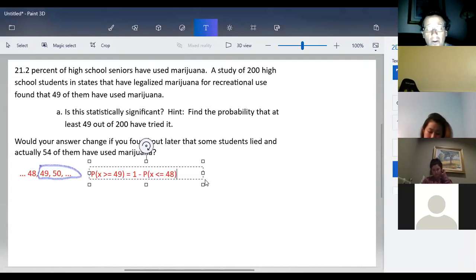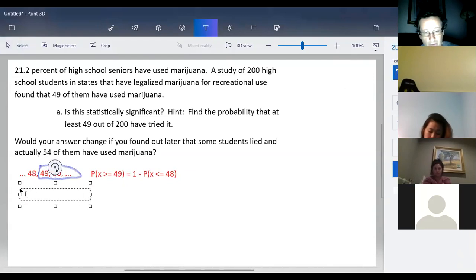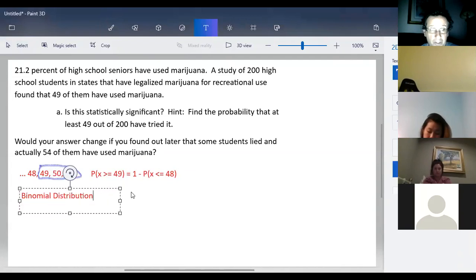Okay, so now what we need to do is understand that this is going to be called a binomial distribution. Let me write those words down. So that's called a binomial distribution.